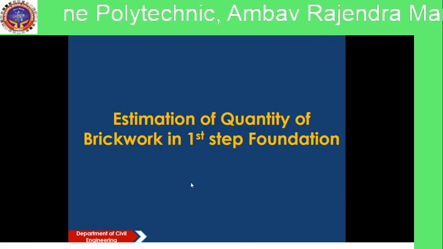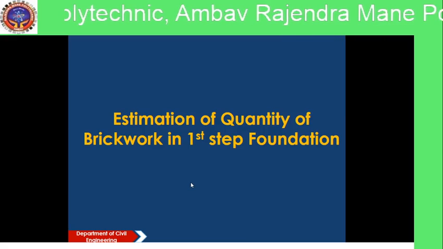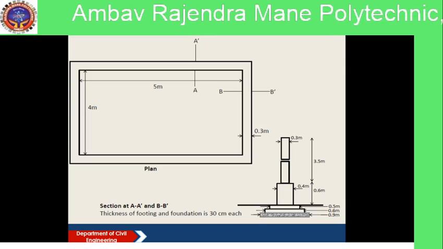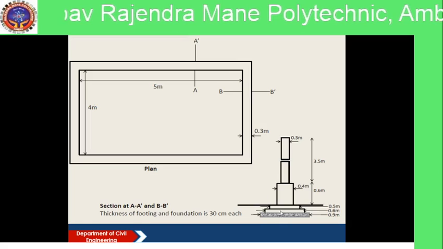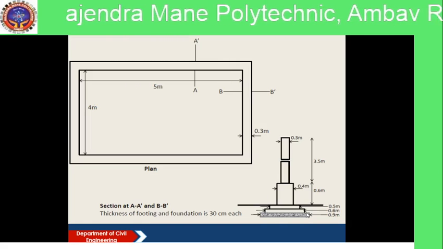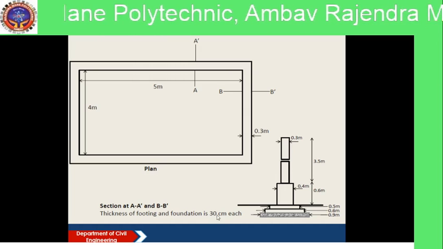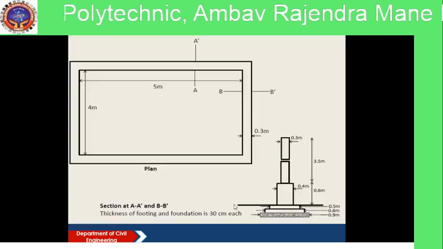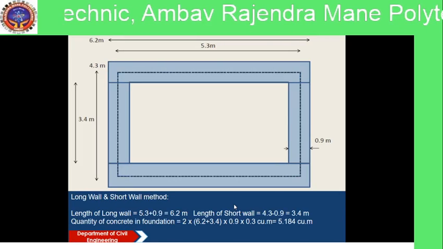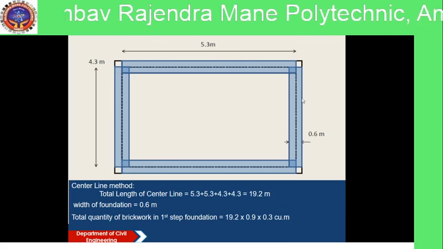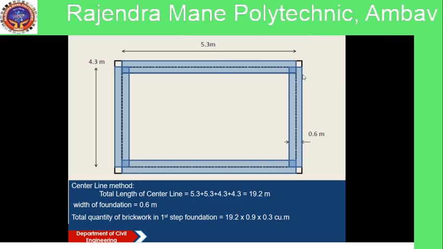So estimation of quantity of brickwork in first step foundation. This one is the first step foundation having width 0.6 and thickness 0.3, 30 centimeter. So prepare the center line plan first.